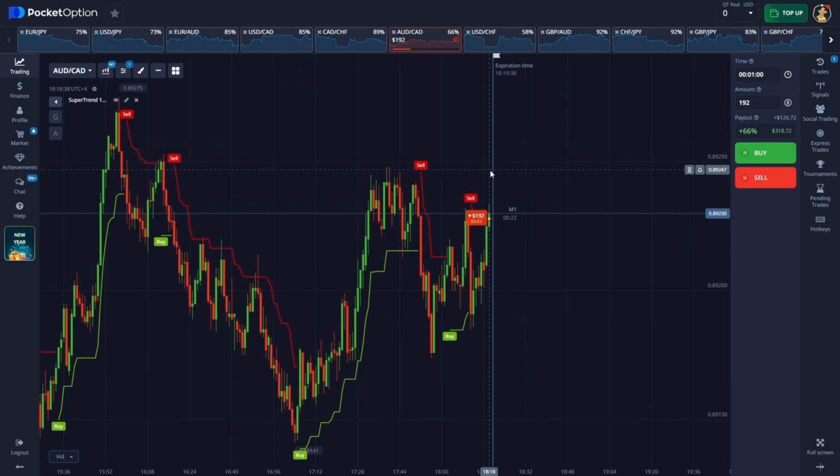Currently, the trade isn't going in our favor, but let's see. The candle reversed, and now the trade is going in our favor. We still have 33 seconds left.